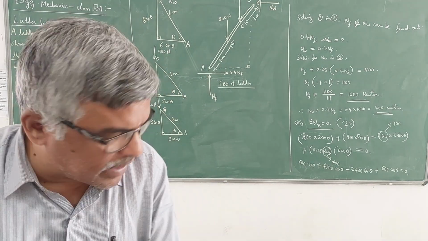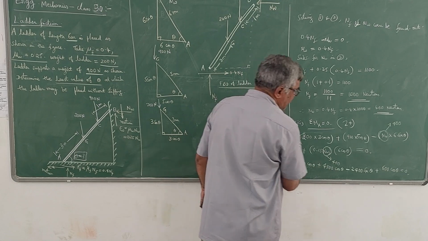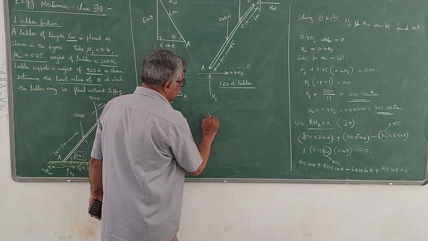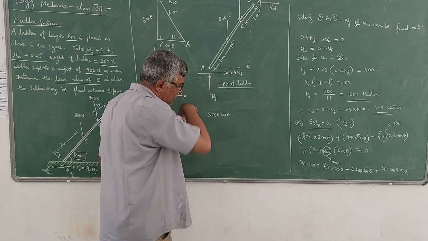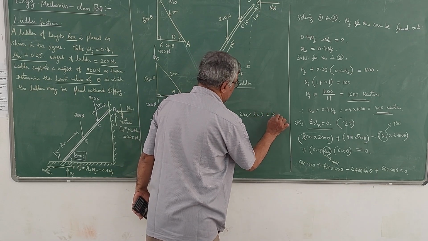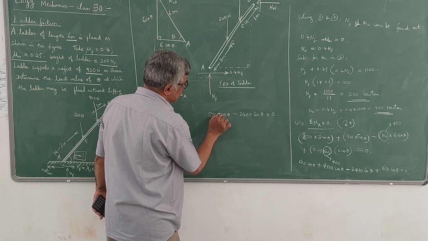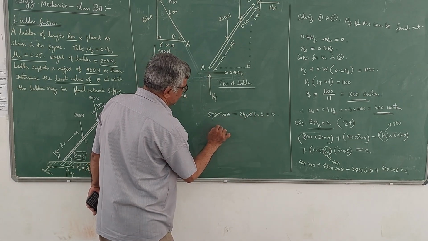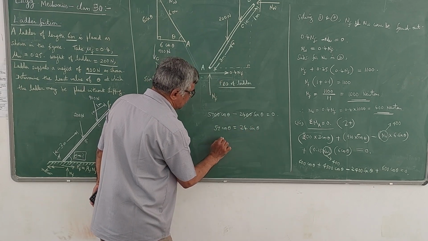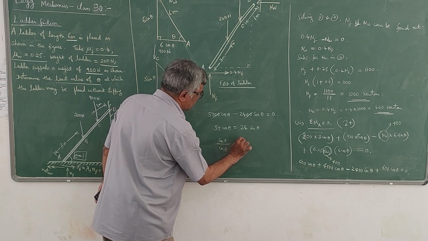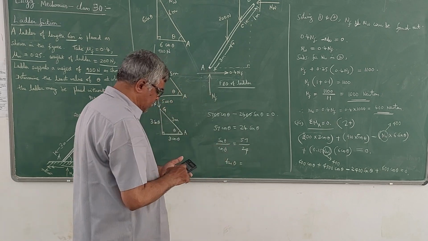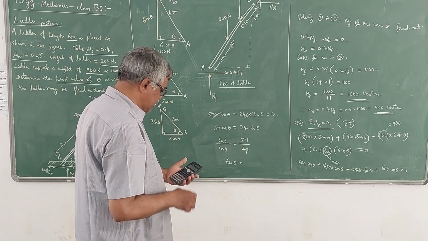So if you simplify, 600 plus 600 is 1200, and 1200 plus 4500 is 5700. 5700 cos theta minus 2400 sin theta is equal to 0, or 57 cos theta is equal to 24 sin theta, so sin theta by cos theta is 57 by 24, that is tan theta is equal to 57 by 24, which is 2.375.